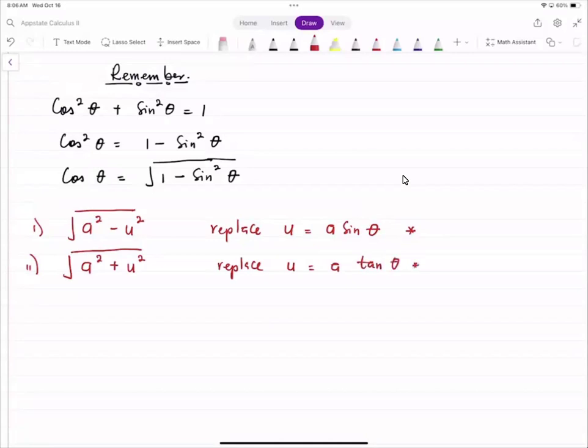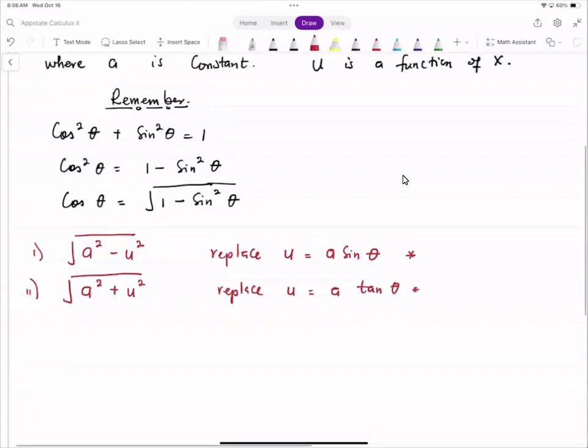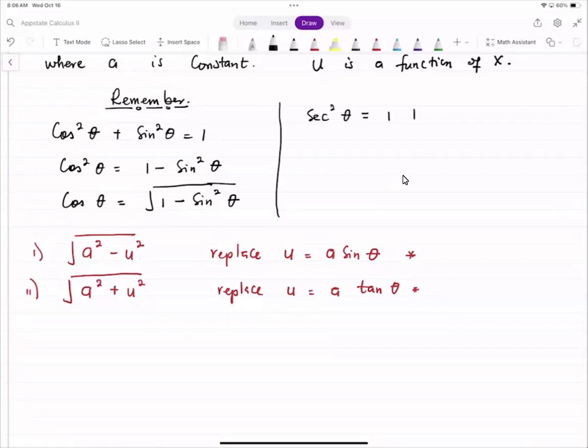This is because, remember from trig properties, that sec squared theta is equal to 1 plus tan squared theta.